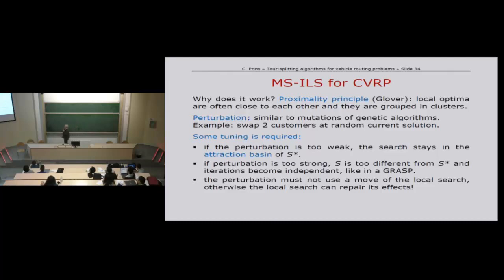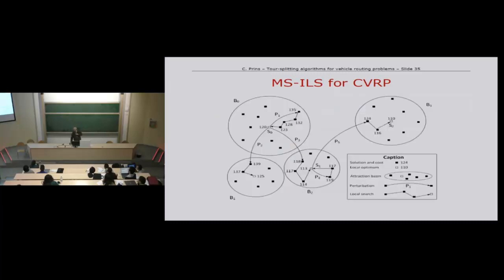Also, for the perturbation, you should not use a move which is used in the local search, because the local search will repair immediately the effect of the perturbation. So if you use a 2-opt move as a perturbation operator, don't use it in the local search.